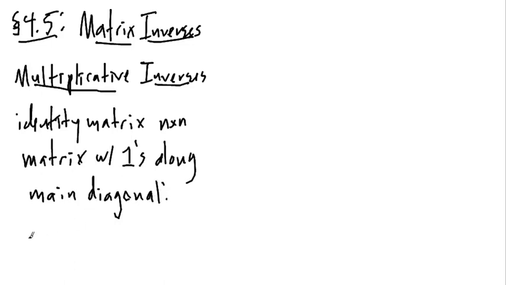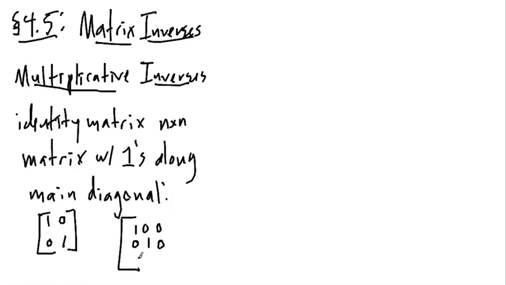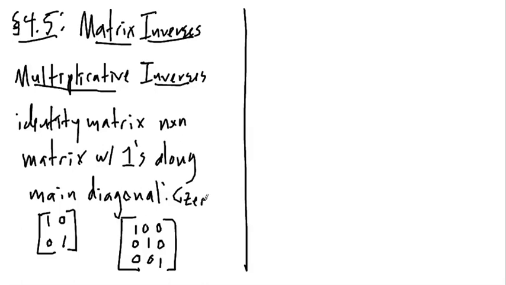And so, the 2 by 2 identity matrix looks like this, and the 3 by 3 identity matrix looks like this. And more generally, you just keep putting ones down the diagonal, and everything else is going to be 0. Ones along the main diagonal, zeros everywhere else.